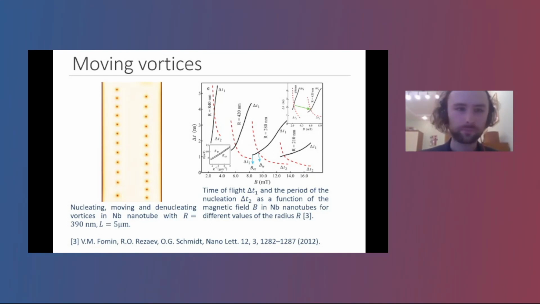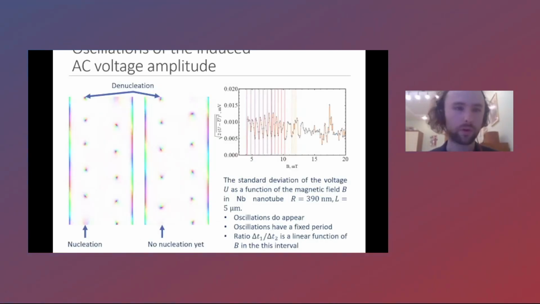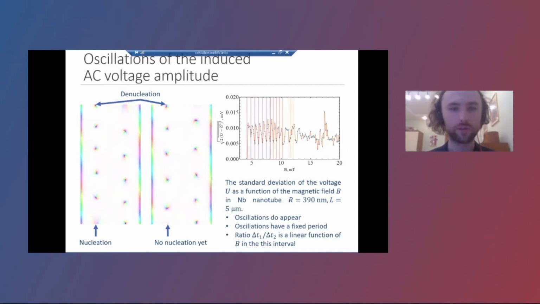However, we can find such value of the magnetic field that the denucleation happens, for example, at the same time as the nucleation happens in the same half cylinder on the other side, or vice versa. We can find such value of the magnetic field that the denucleation happens between two nucleations of the vortex.